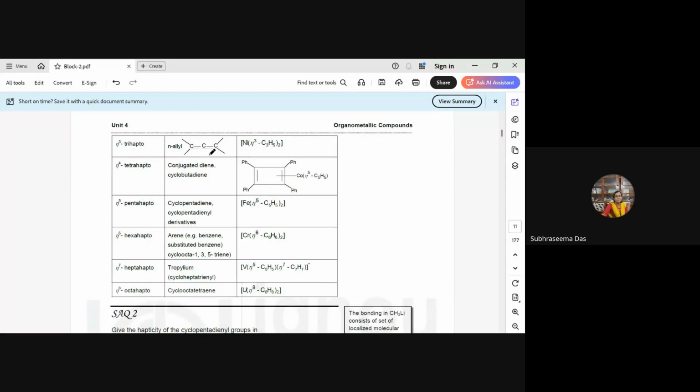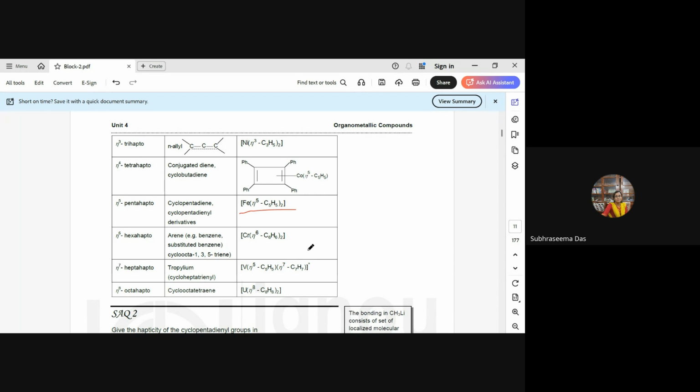Then for trihapto, we can see this is the allyl group. For tetrahapto, it is mostly cyclobutadiene or the conjugated diene. For pentahapto, it is cyclopentadiene or the cyclopentadienyl derivatives. Here an example has been shown.